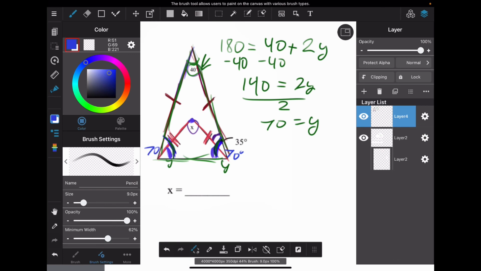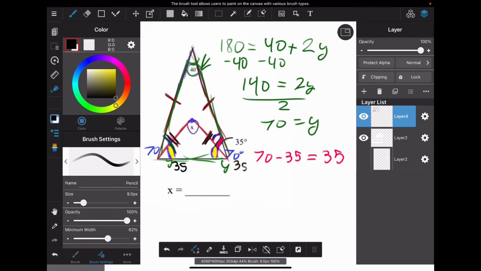And since we know that this angle here is 35, we can subtract 35 from 70 to get the measure of this angle, which is actually 35, because 35 is half of 70. And so now that we know that this angle here is 35, we'll also know that this angle here is 35 because this triangle is isosceles.